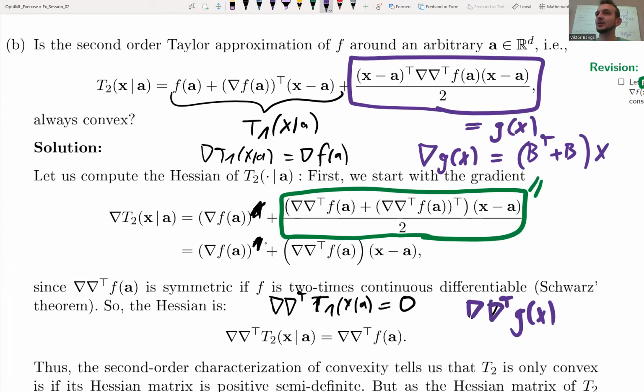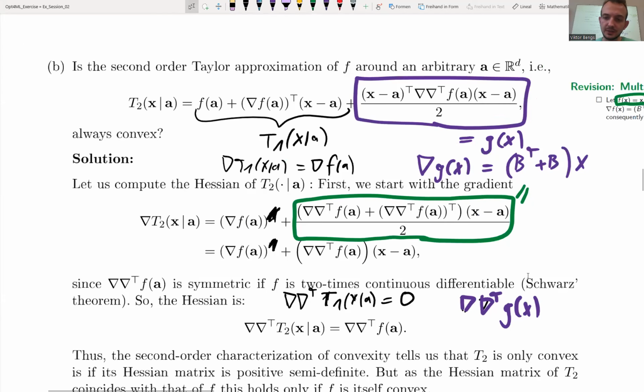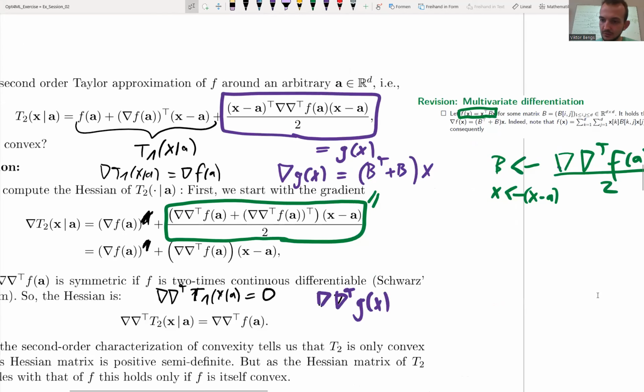But again, this is a quadratic function, and we did this also in our revision, which I will show you here. And of course, it's very intuitive what the Hessian matrix will be.